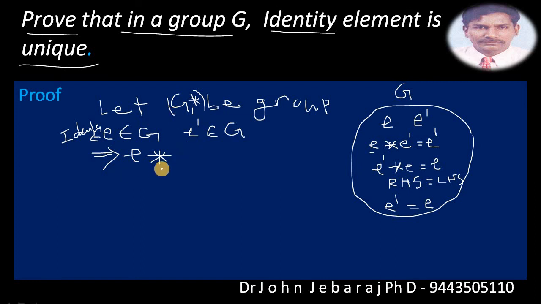So E star E dash should give E dash. Why? Because E is an identity element.